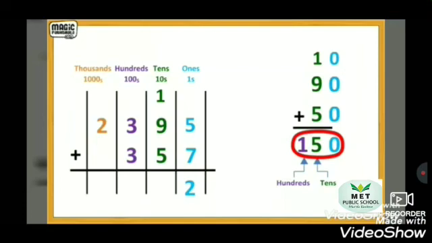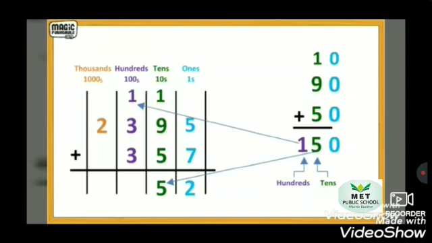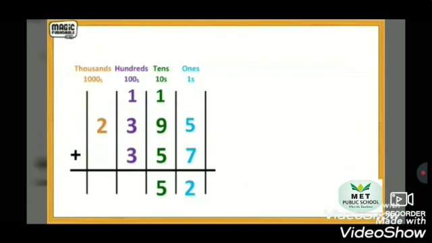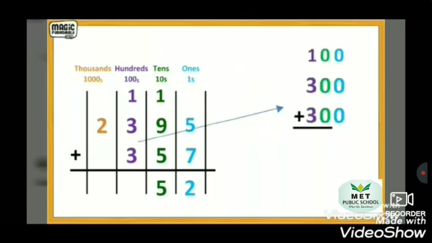It is the same for hundreds. We add 1 plus 3 plus 3, which is equal to 7. Remember what we are doing in addition: 100 plus 300 plus 300, which is equal to 700.